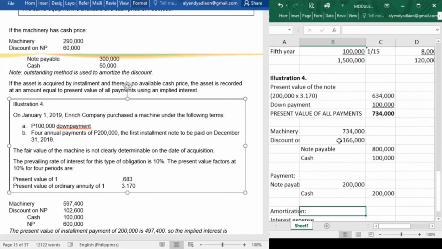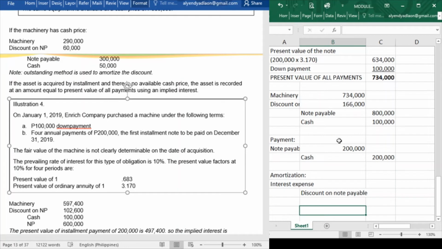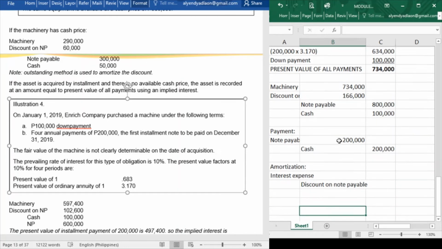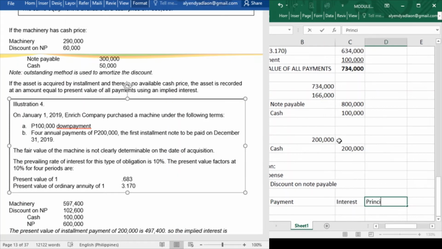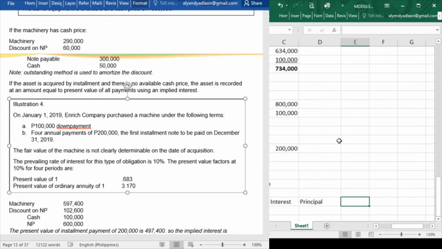There is already a given interest rate, so we have to make an amortization table for the amortization of the interest. So what are the inclusions of the amortization table? Let's start with the year, the payment, the interest, the principal, and the present value.